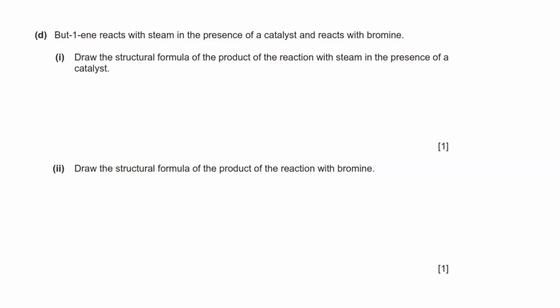Then part D says but-1-ene reacts with steam in the presence of a catalyst and reacts with bromine. Draw the structural formula of the product of the reaction with steam in the presence of a catalyst. Remember, this is a formation of alcohol. So but-1-ene plus H2O, water, in the presence of a catalyst, generally H2SO4, gives us butanol.